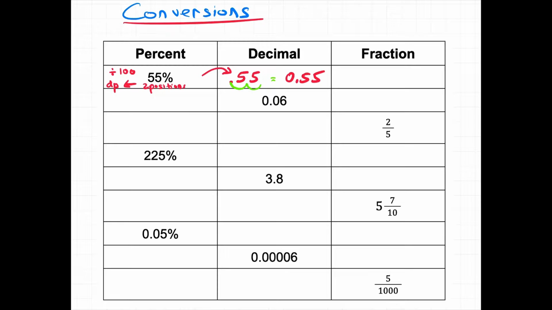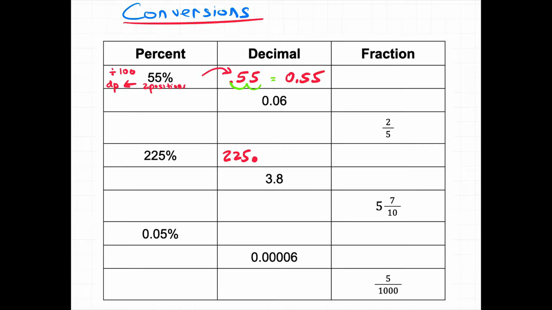Okay, now we're going to take that same theory and move down to line number 4, row number 4. In this case, we have 225%. Well, again, we're going to divide by 100, which means move the decimal place 2 positions to the left. So if I have 225 as the number, again, where is the decimal place?